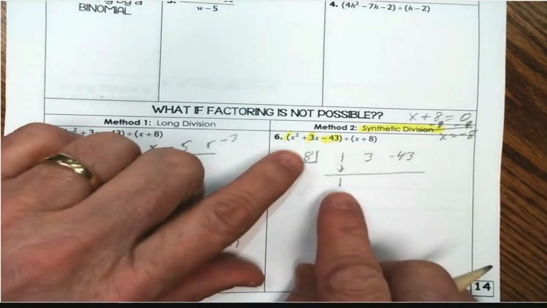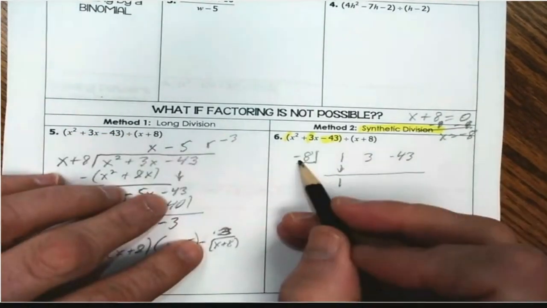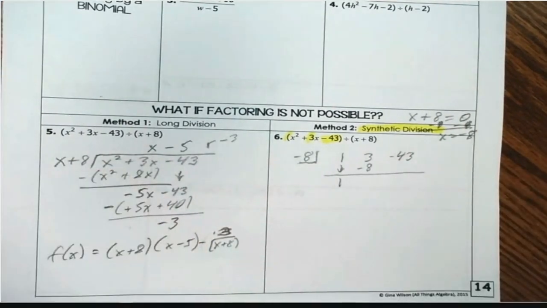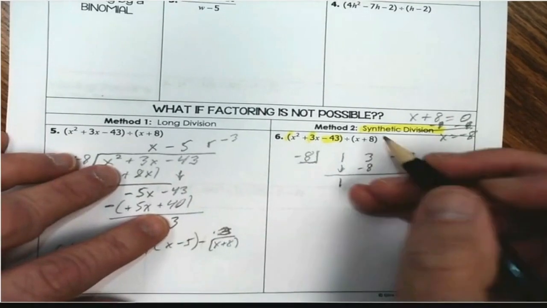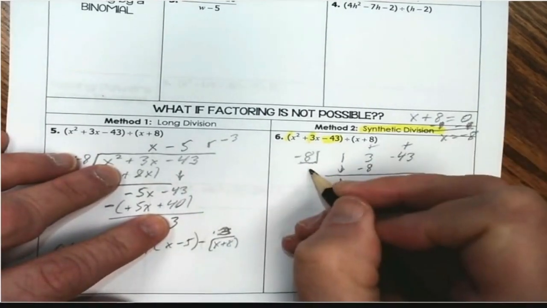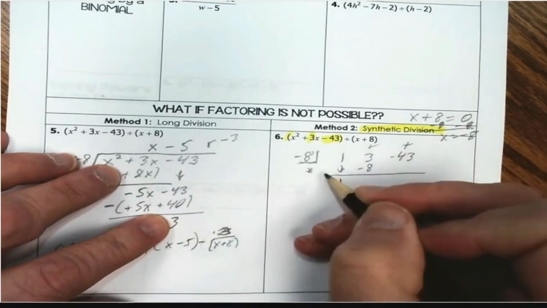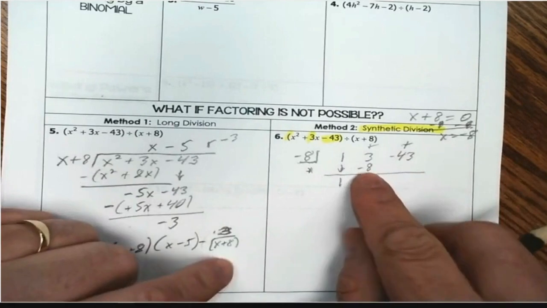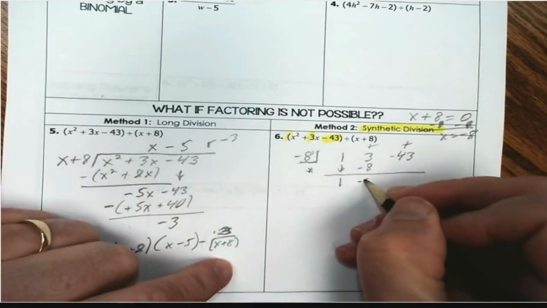And then we multiply -8 times 1 and put it right here. Now we just add. You always add. This is always multiply. Multiply here, add here. 3 plus -8 is -5.